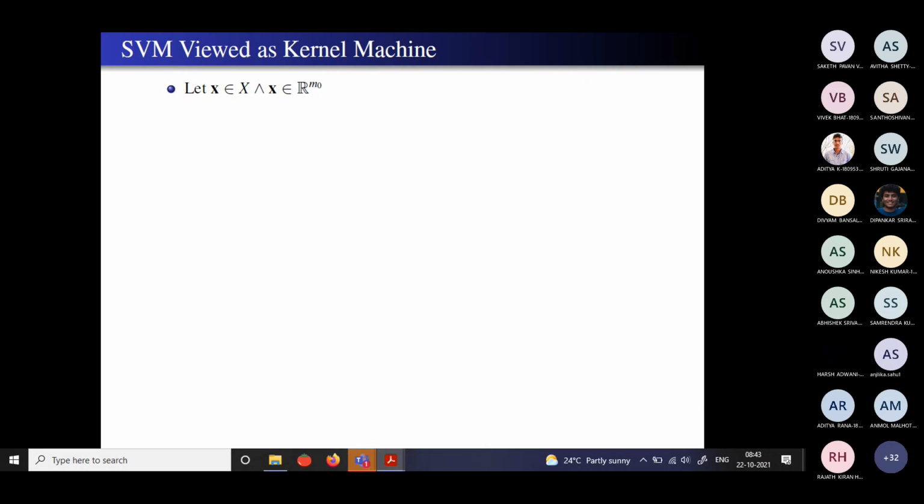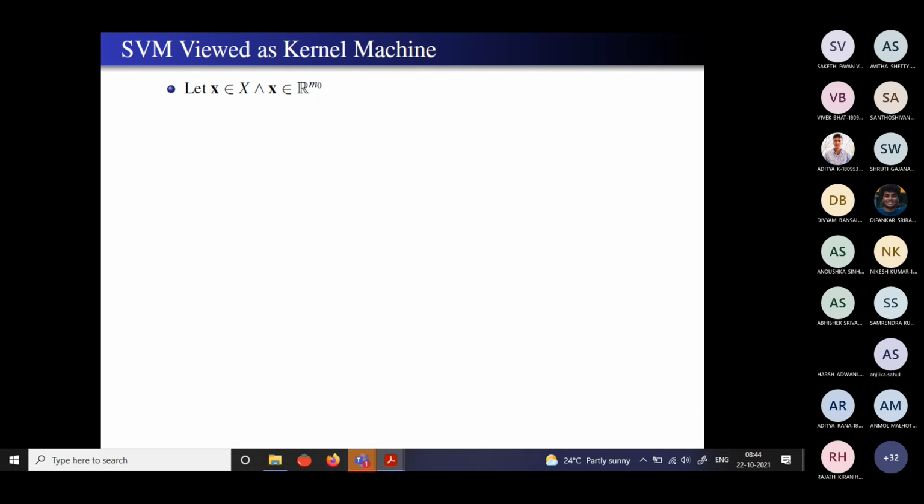Before we go further, let's view SVM as a kernel machine. This is a very simplified approach, or you can say a trick.